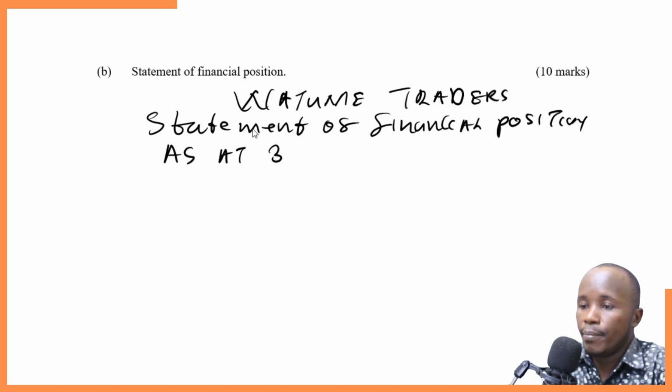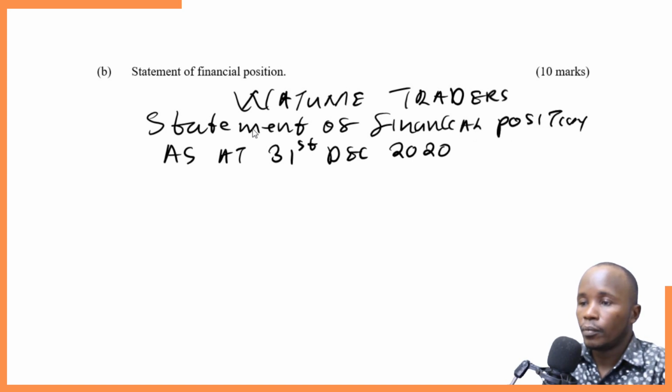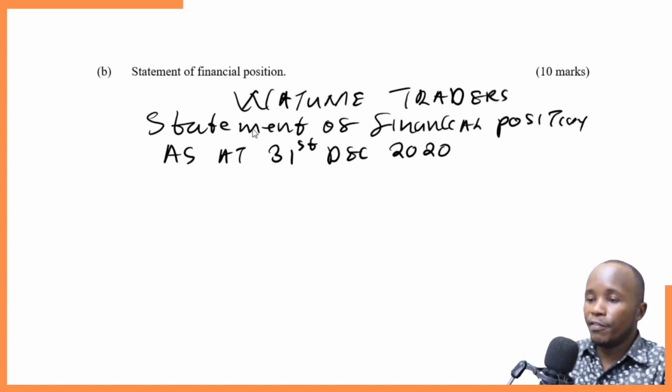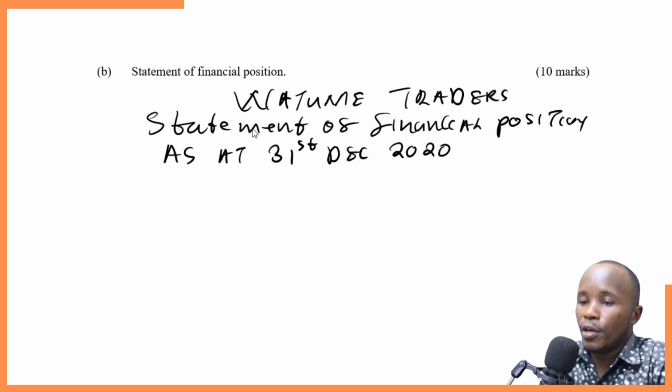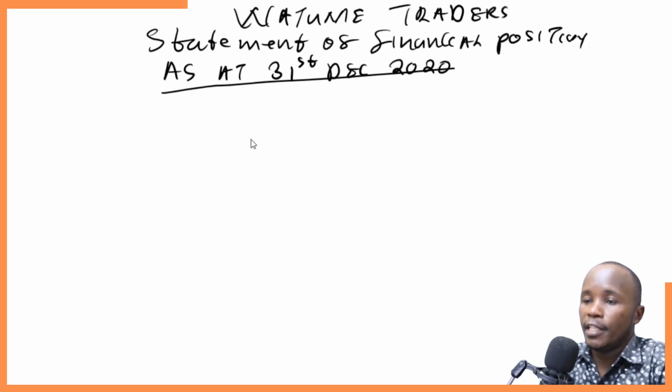Remember, this one is happening at a particular incident, as at the 1st December 2020, because the statement of financial position changes. If you prepare a different date, then the items will have changed, if you look at things like depreciation and the rest. So it is as at the 1st December 2020.